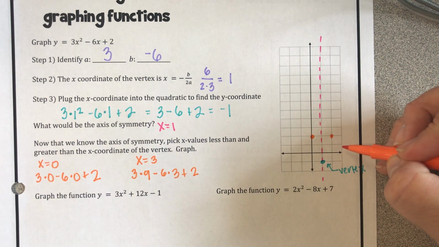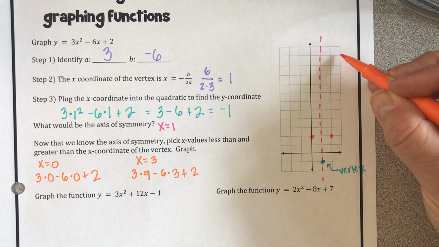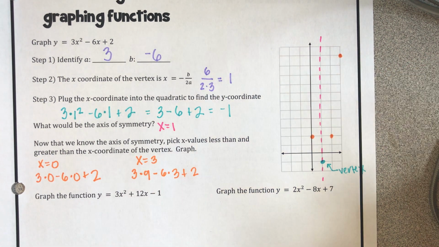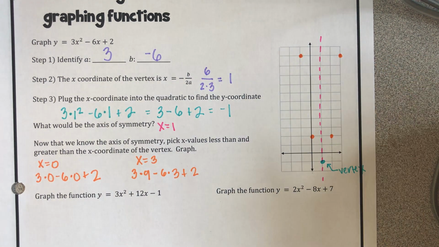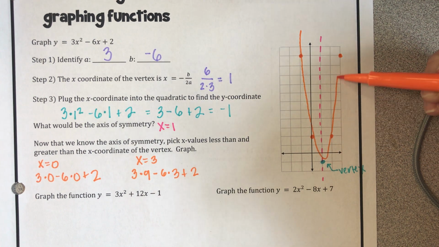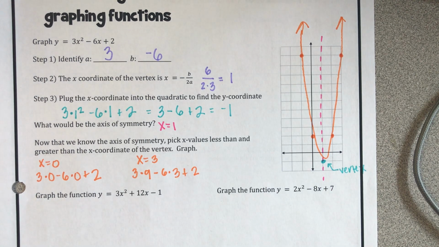So when I plugged in a 3, I got 11. Do y'all see how that's 2 to the right of my axis of symmetry? So 2 to the left would also be positive 11. So that's as far as I'm going to go. I'm going to connect them with my curved line, and that would be the parabola for y equals 3x squared minus 6x plus 2.